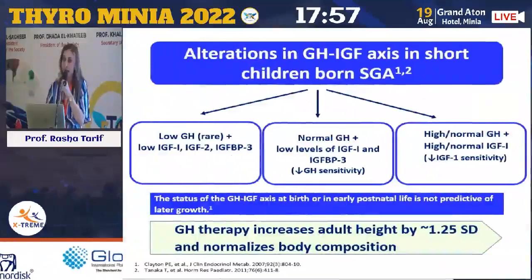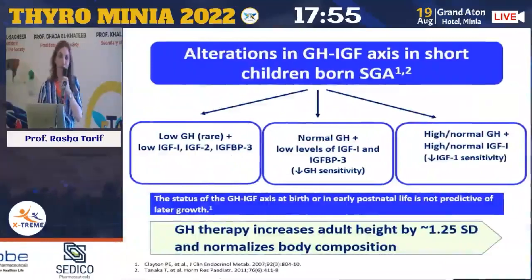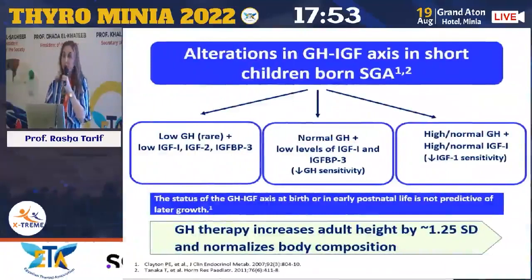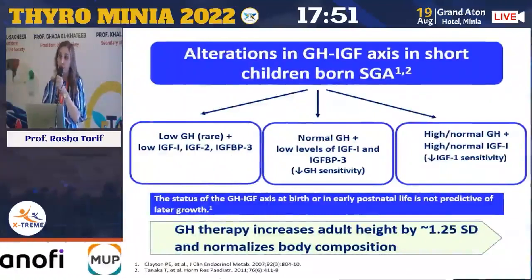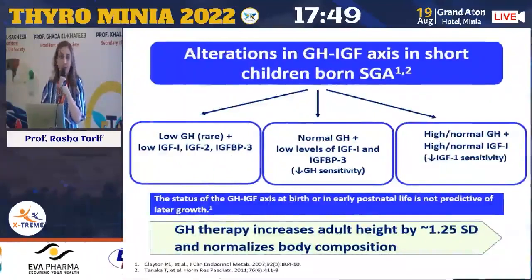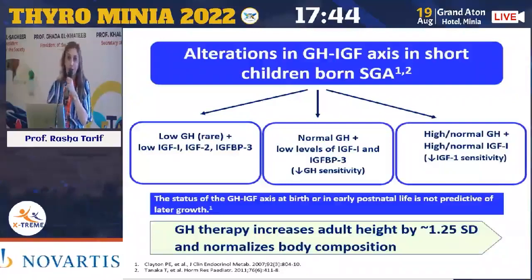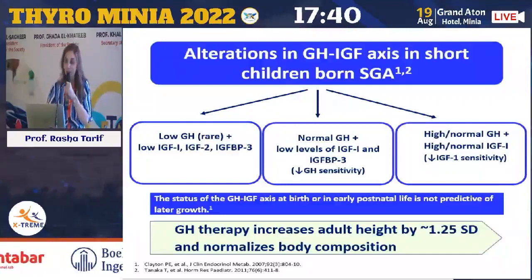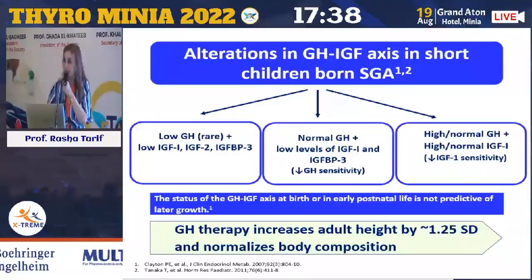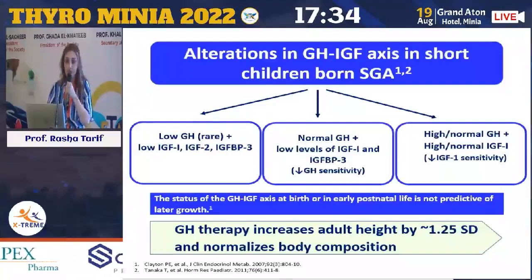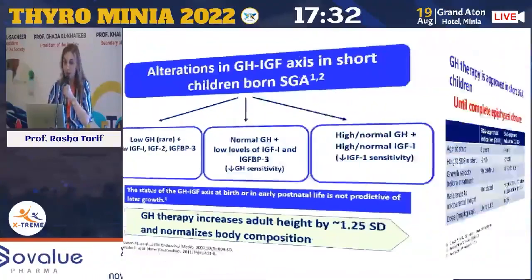Now, looking at the alterations in the growth hormone IGF axis in SGA, most of them have growth hormone resistance. Some of them have IGF resistance, and it is very rare to have growth hormone deficiency. And please remember that growth hormone therapy increases the final height in SGA by 1.25 standard deviation and normalizes the body composition.